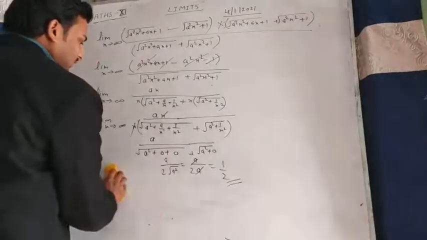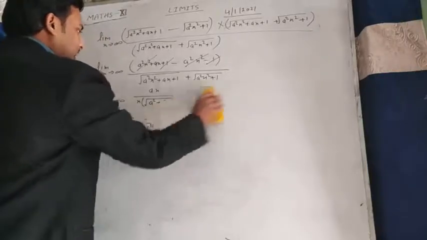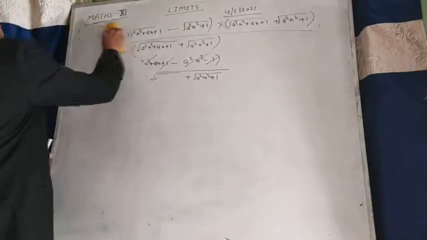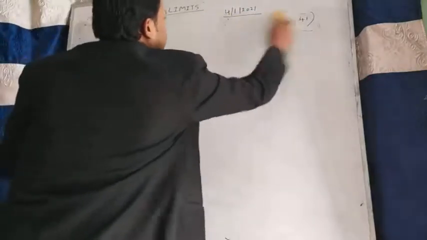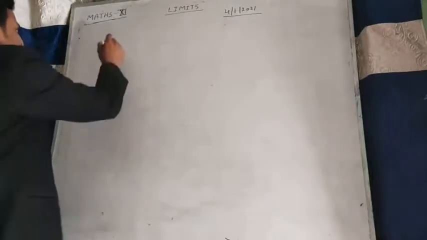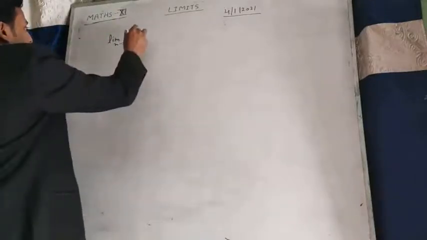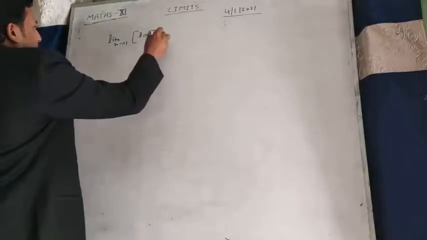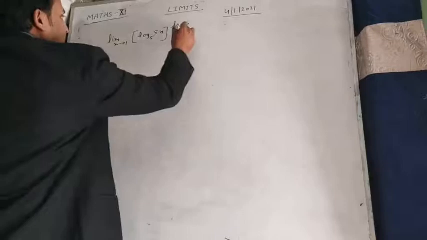Now we take another question. Let's see students. Our next question is limit x tends to 1 of log 5x base 5 to the whole power log 5 base x.